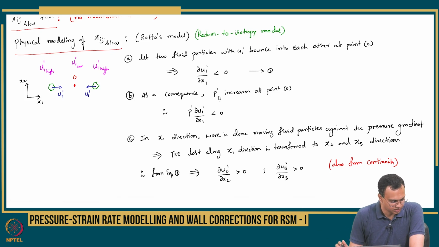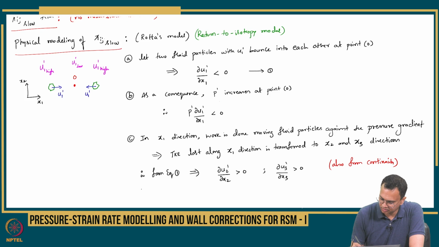So now for this to happen, the kinetic energy, as I said, in the x1 direction should be larger than the other two directions, right? The kinetic energy lost along x1 is transferred to the other two, meaning the kinetic energy along x1 should be larger. The TKE has to be larger compared to x2 and x3 directions, right?